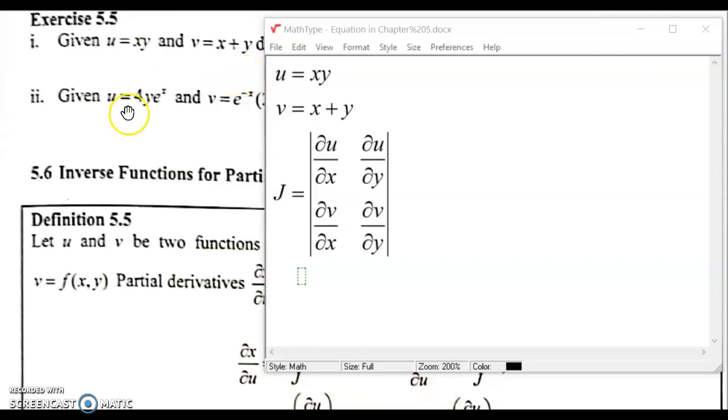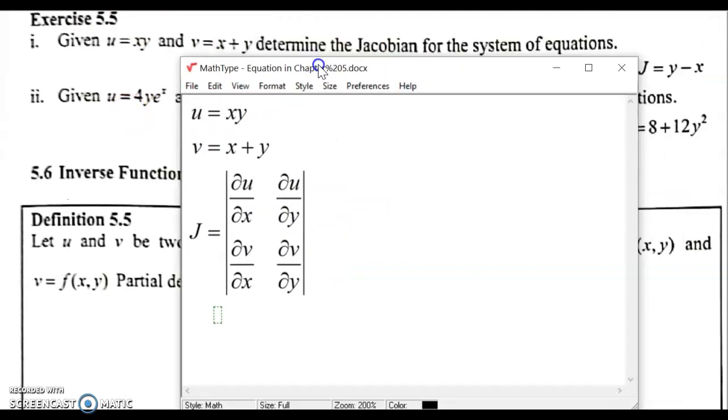Alright, let's look at the first one. Given u equal to xy and v equal to x plus y, determine the Jacobian for the system of equations. So to determine J, the Jacobian for this system, as we have discussed before, we are going to use the determinant. As you can see, this is how I arrange it.